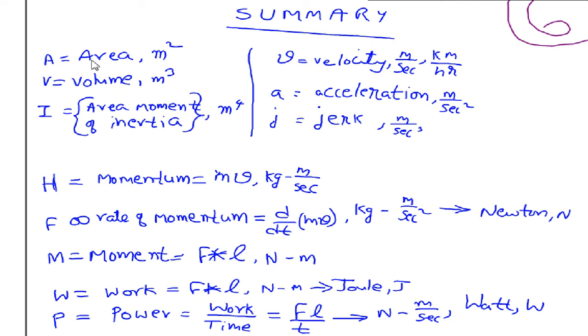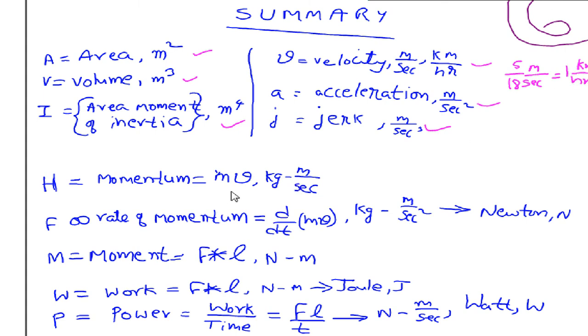The three derived quantities that directly come from the fundamental quantity length are area in meter square, volume in meter cube, and moment of inertia in meter to the power of 4. By combining length and duration you have velocity, acceleration and jerk with these units. We have also noted that the unit conversion between units of velocity is 5/18 meters per second equal to 1 kilometer per hour.